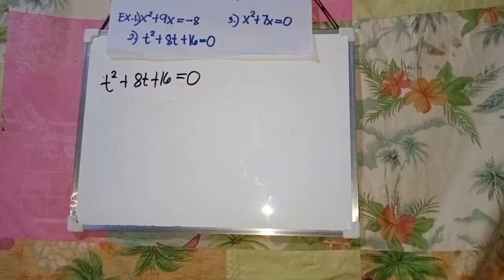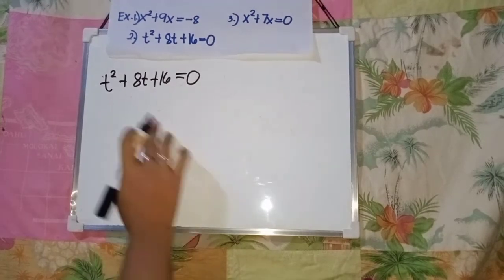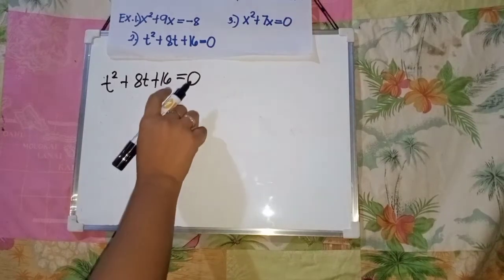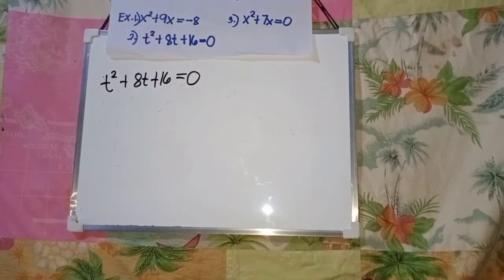Transform into standard form. Since it's already in standard form, all we have to do is to factor this out. What are the two numbers that when you multiply, it will equal 16, and when you add, it will equal 8?